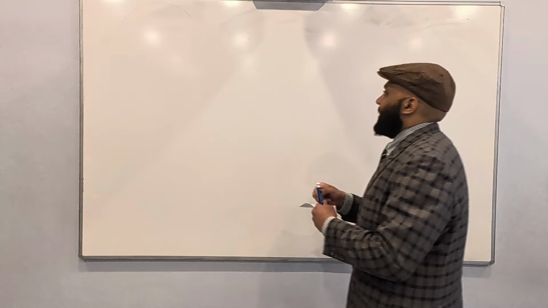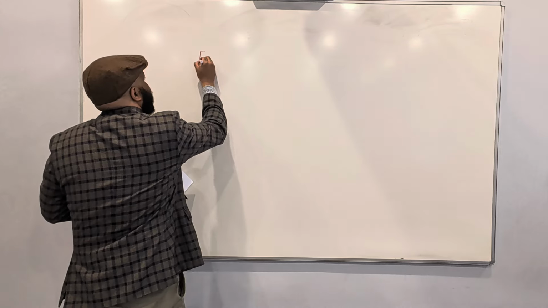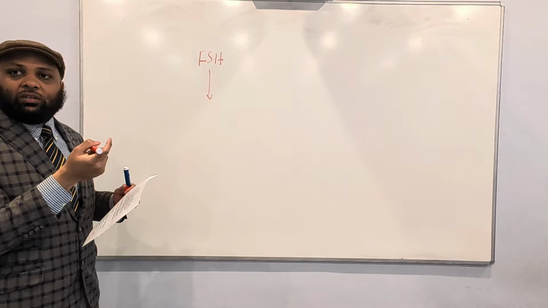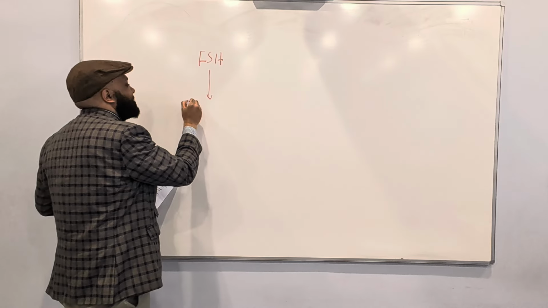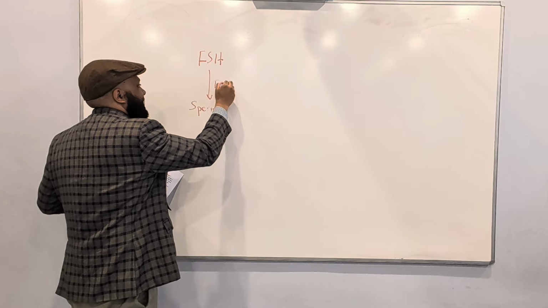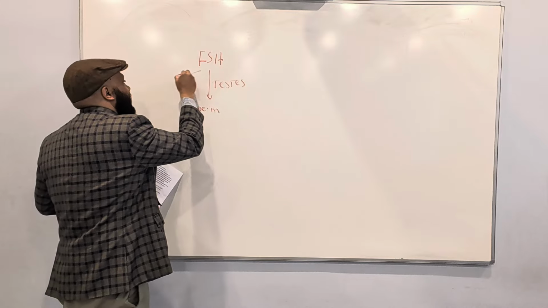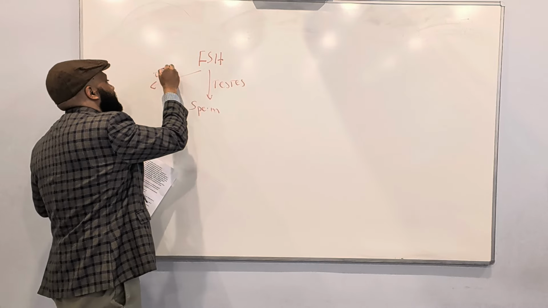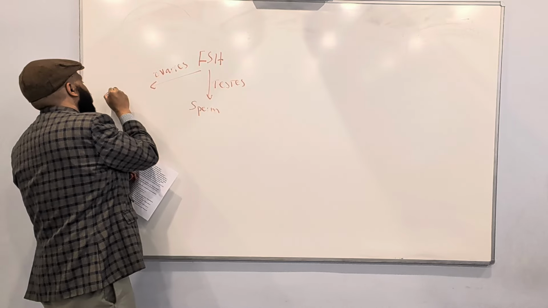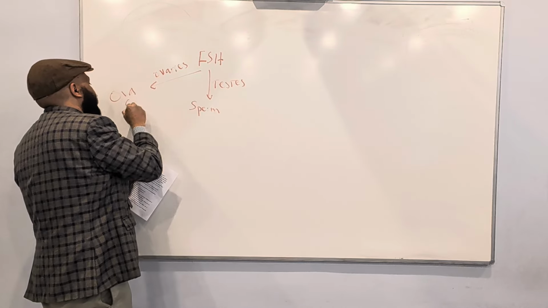So, FSH is known to give me, that's why you got the F for follicles. So FSH is give me sperm follicles in the testes, and FSH in the ovaries will give me the ova or the egg.